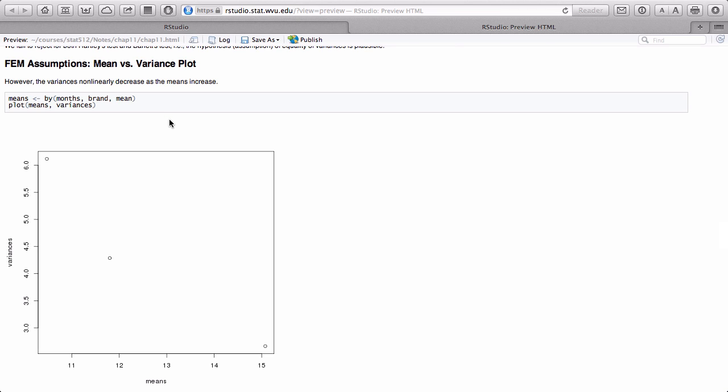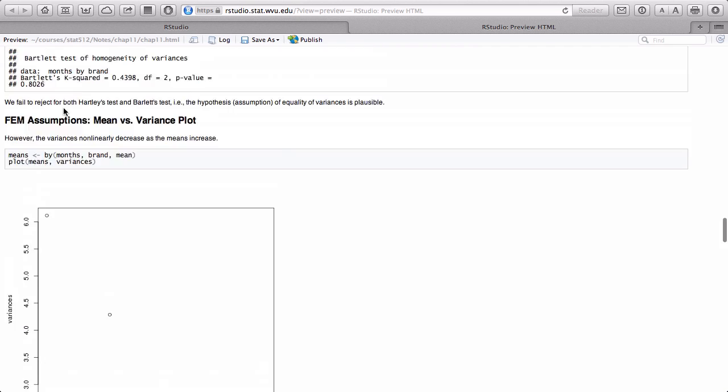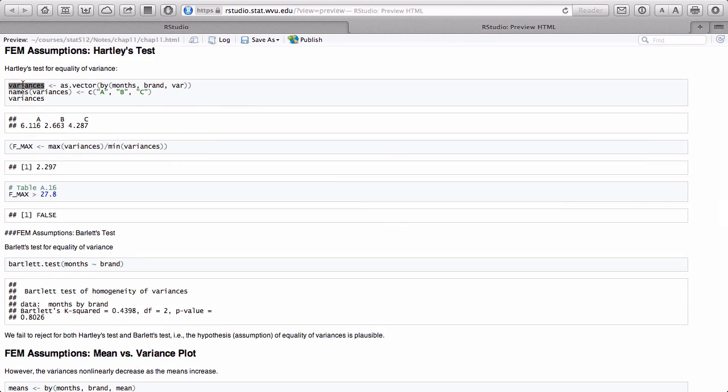Now, there's another type of plot, the mean versus the variance plot. What we're going to do is compute the means. We've already gotten the variances; I computed the variances back here. Now let's compute the means.